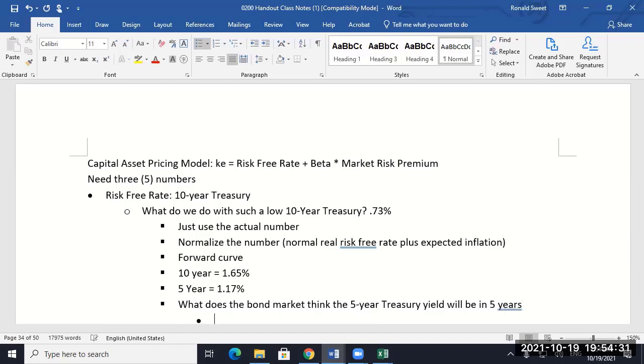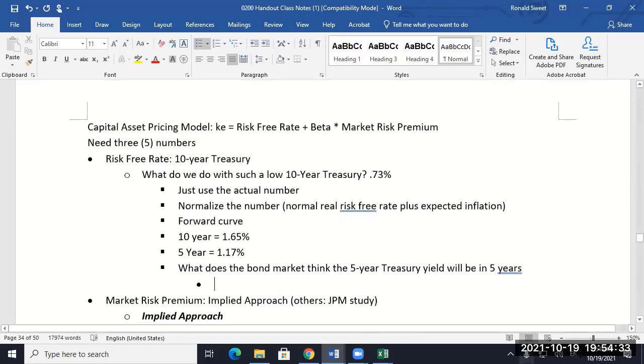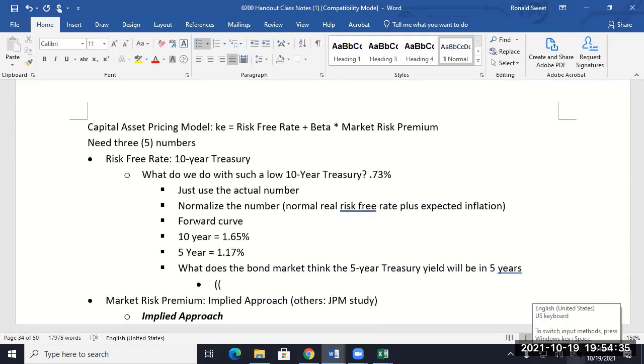So what's the formula going to be? 1 plus what? What do you put on top? The 10-year? To the 10th power?